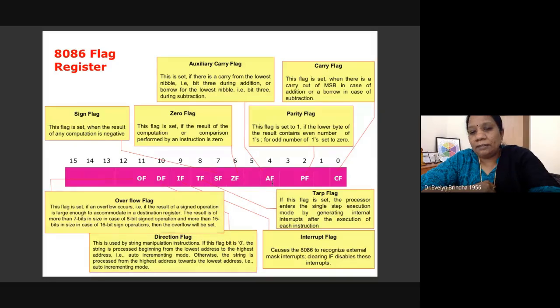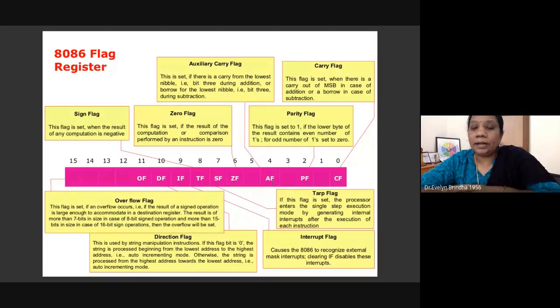So what is this parity flag? When you send data from one location to another location, you want to verify whether the data sent is correct or not, whether wrong data has been transmitted or something has gone wrong. In that case, you attach a parity bit along with it, for ensuring that your data is transferred properly.